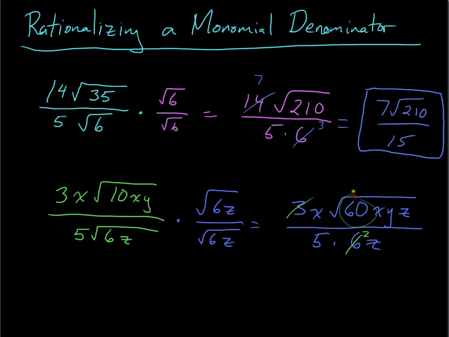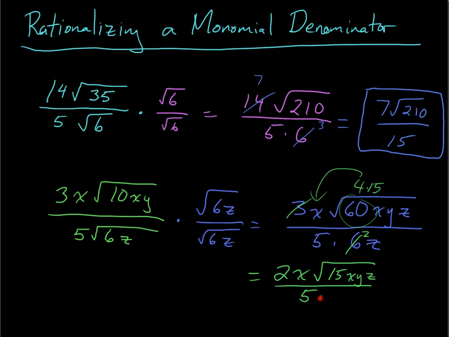The 60 is 4 times 15, so I can pull the 4 out and square root it. So I've got 2x root 15xyz over 5 times 2z, and the 2's cancel. So we just have x root 15xyz over 5z.